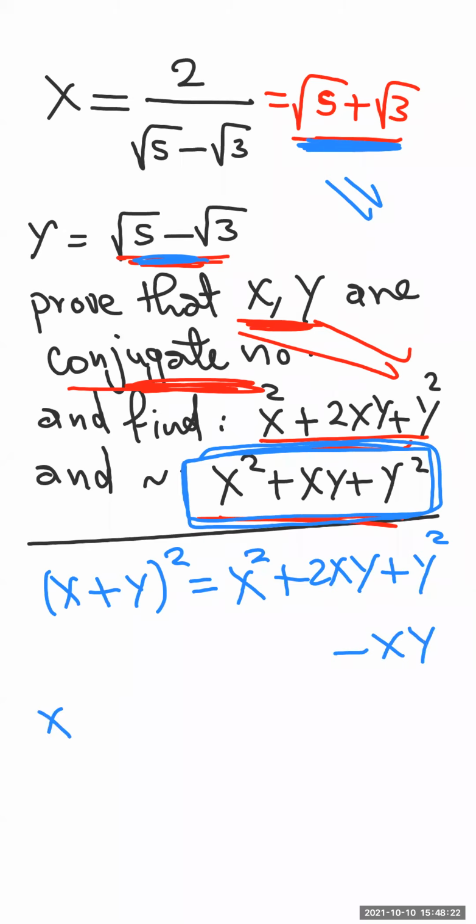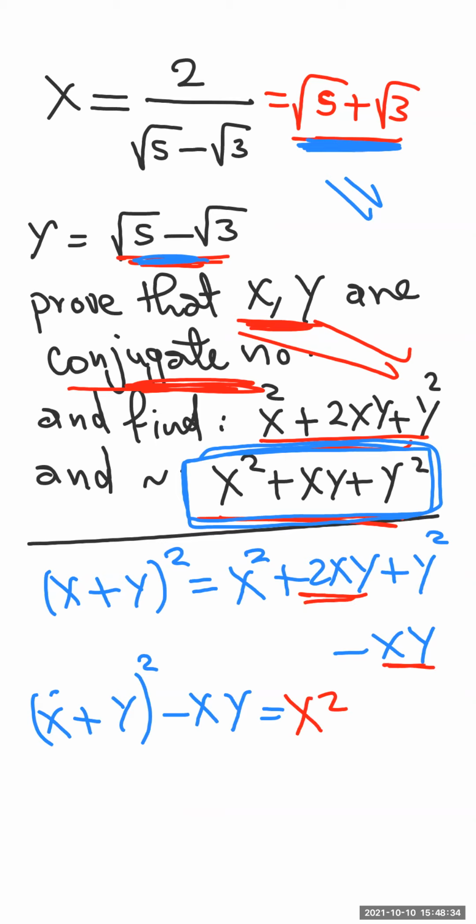This means (x + y)² − xy = x² + 2xy − xy + y², and 2xy minus xy means plus xy, so we get x² + xy + y², which is the required.